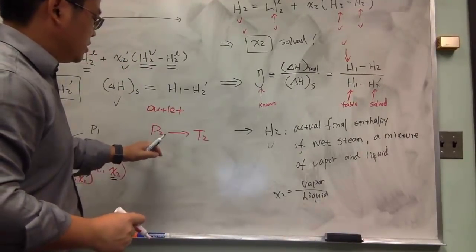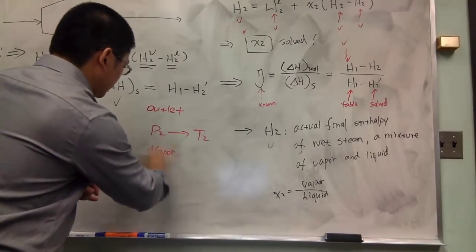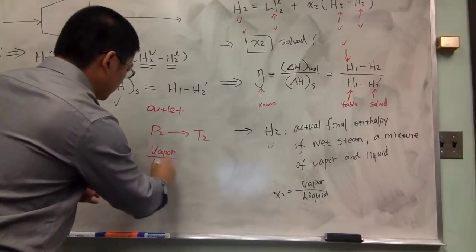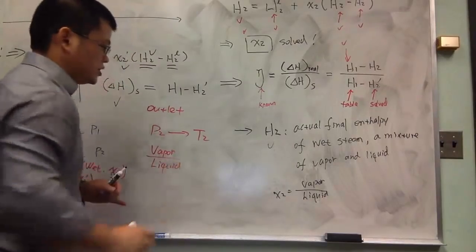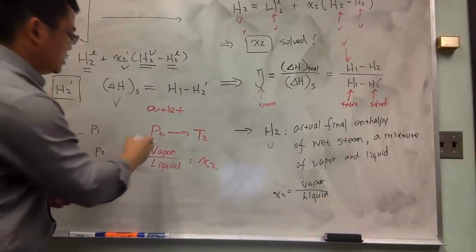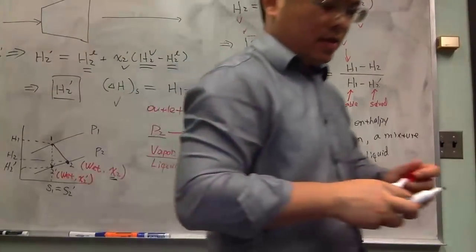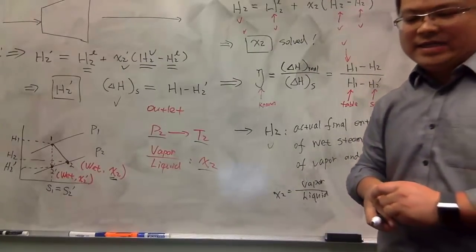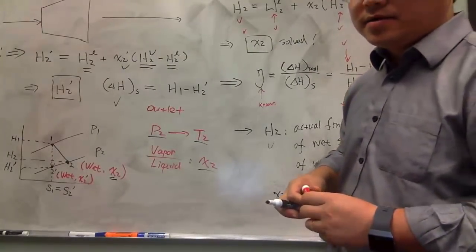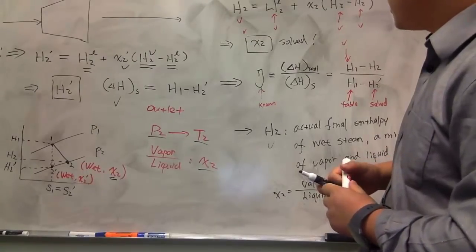And also I know this is a wet, vapor and liquid coexistence. Their ratio is x2. I know all those three key parameters to describe my system. Right? So this is the first part of the calculation.